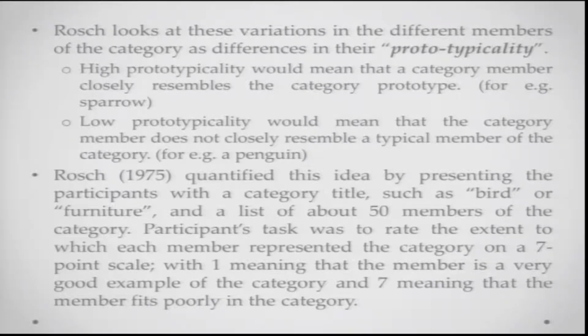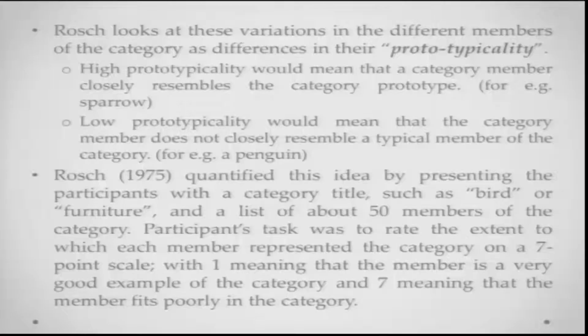Now, Roche tried to quantify these variations between members of the category. She did this study where she presented participants with category titles such as bird, furniture, etc., and a list of 50 members of a category was also presented. The task of the participants was to rate the extent to which each member represented the category on a 7-point scale, where 1 means that a member is a very good example of the category and 7 means that the member is a very poor example of the category.